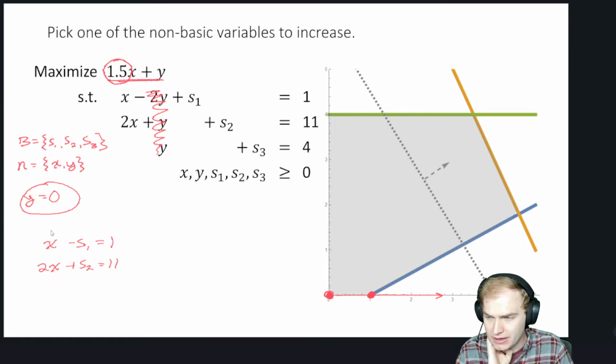If we increase x to, say, 1, then we have, oh, correct, yeah. So if x equals 1, then we have 1 minus s1 equals 1, which tells us that s1 equals 0.